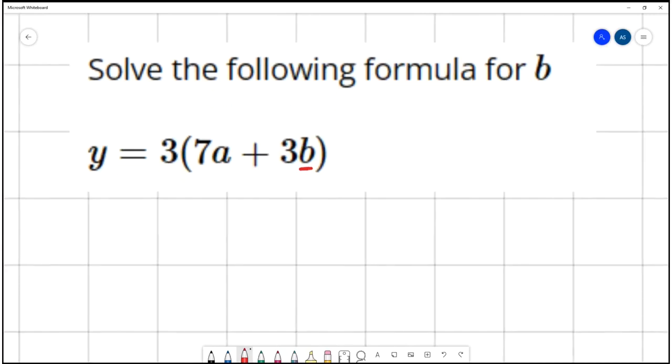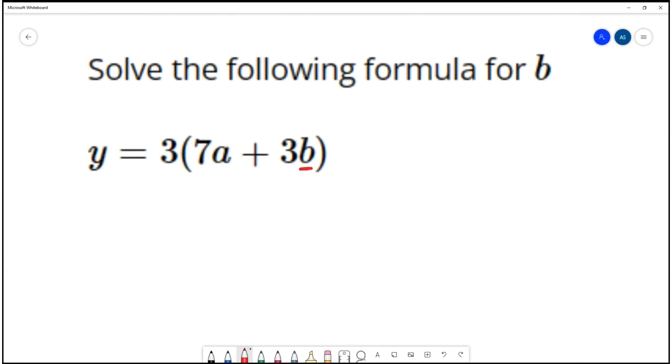So in order for us to solve for b, we need to remove the parentheses with the distributive property first. So we're going to distribute that 3, and this gives y equals 21a minus 9b. And now that the parentheses are gone, we can start to isolate that variable b.